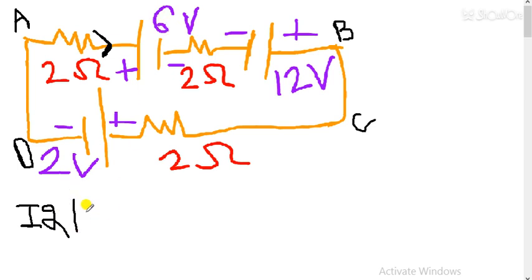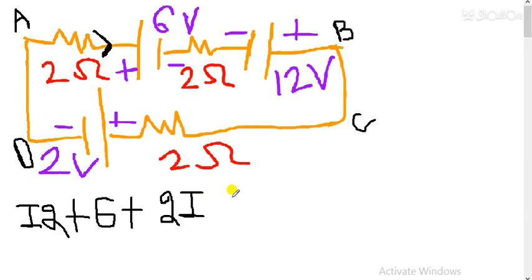The students who have not studied about the second law have to watch the first part, then they can come to this video. So 2I plus 6, then plus, now again 2 ohm resistance and current I is again flowing, we can write it as 2I, R into I. Voltage drop is always V is equal to IR.